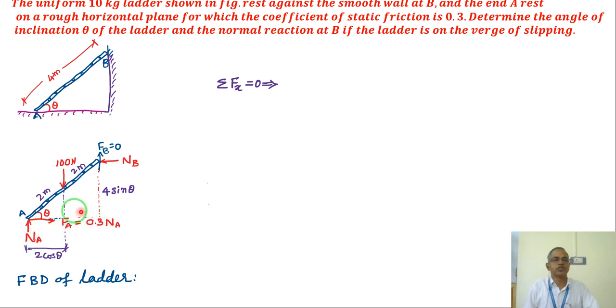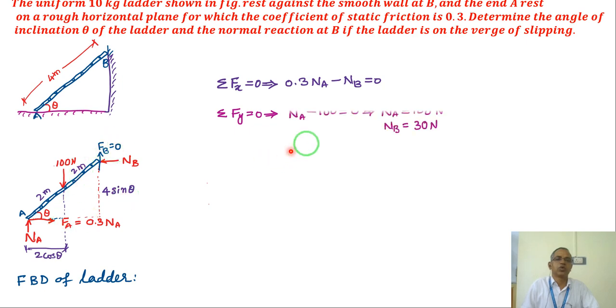X direction forces, which is Fa and Nb. Fa means 0.3 Na, so 0.3 Na minus Nb equal to 0. That is, let's say equation 1. Summation Fy, which is Na minus 100 equals 0, that means Na is 100. If Na is 100, Nb will be 30, right?